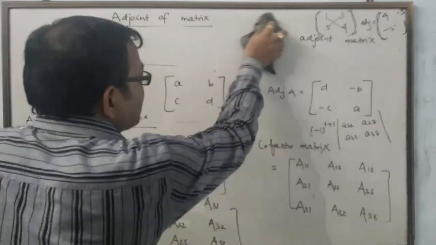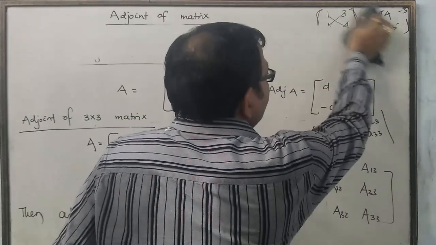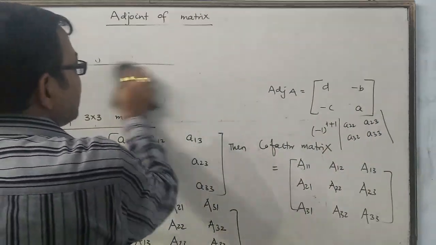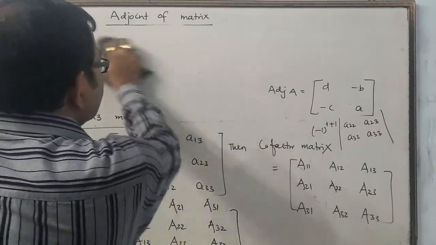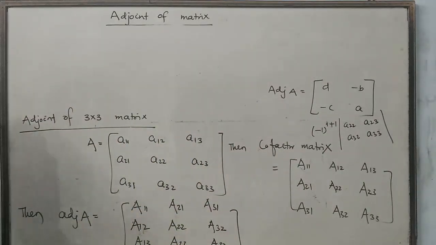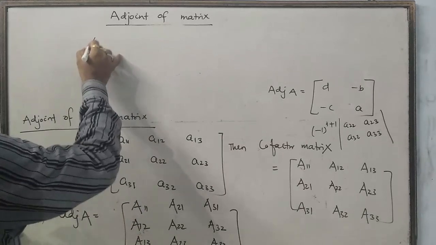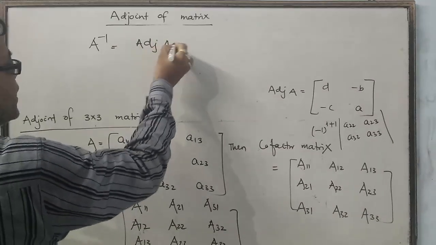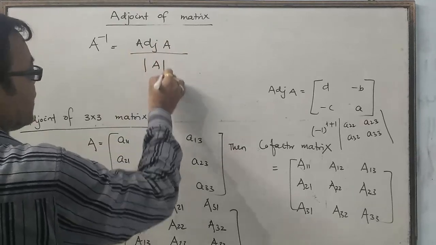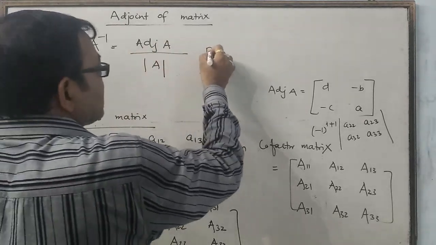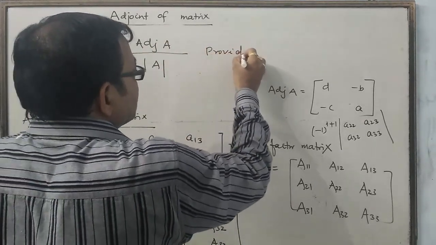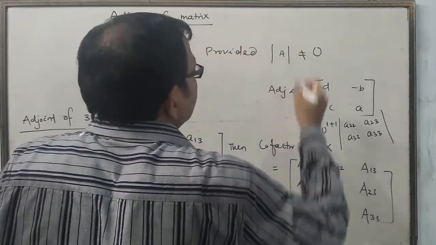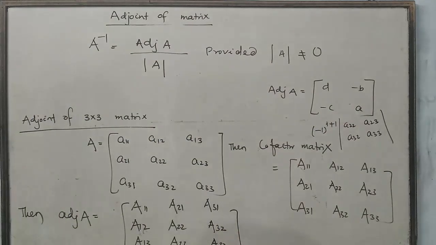So the inverse of the matrix has a small formula, and that formula is adjoint A by determinant of A. What is the formula? A inverse is equal to adjoint of A by determinant of A, provided that determinant of A should not equal 0.